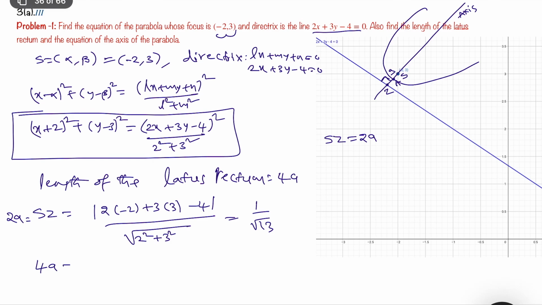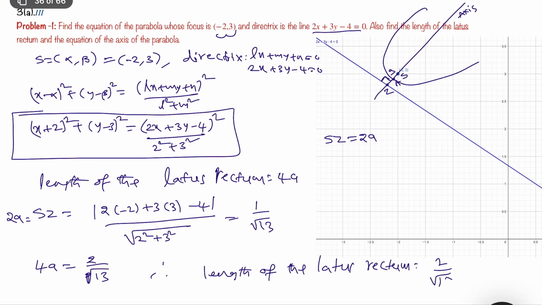So what will be 4a? It will be 2 by root 13. So therefore the length of the latus rectum equal to 2 by root 13. Okay, fine. Next we have to find the equation of the axis.